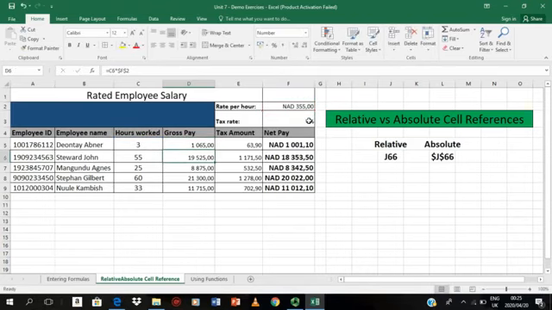However, since we have a constant that we can use as an absolute cell reference, we simply need to come and change this value from 6 to 7.5%. Then that is going to affect all the cells where the tax rate was used, or where this cell was referred to as an absolute cell.